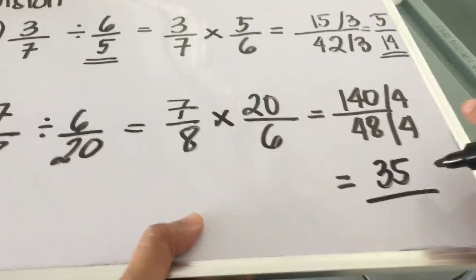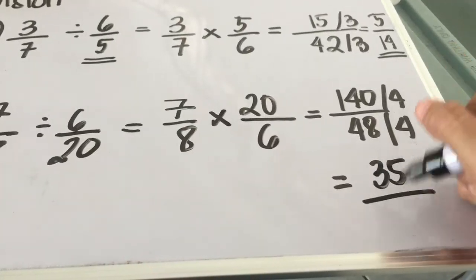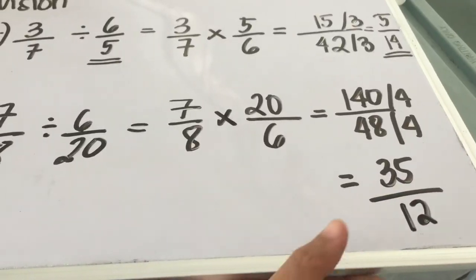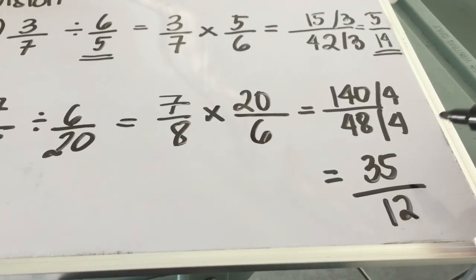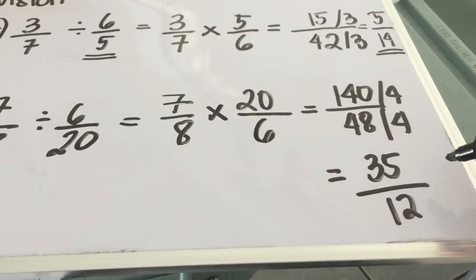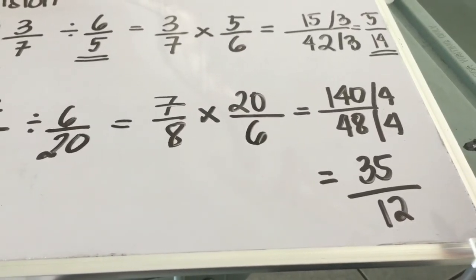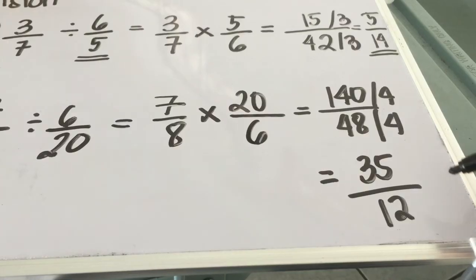All over 48 divided by 4, 12. So lowest term na ba siya? It is sa lowest term na siya, no? Kasi wala na siyang possible na ma-divide pa. 35, 12, wala na silang greatest common factor.